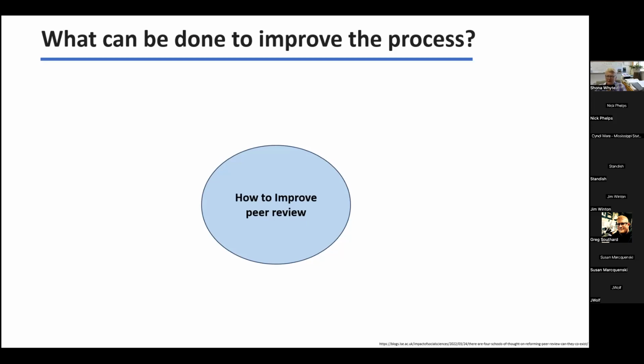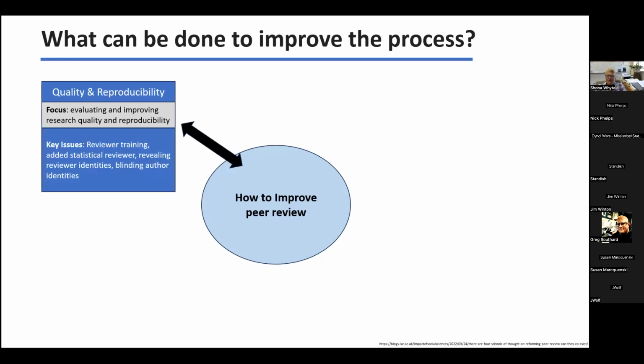There are really four thought areas, groups of thought, around this. One is to evaluate and improve the research quality and reproducibility. They would suggest the way to do that is through reviewer training, maybe including a reviewer specifically to assess the statistical analysis in papers, revealing reviewer identity, and blinding author identities.